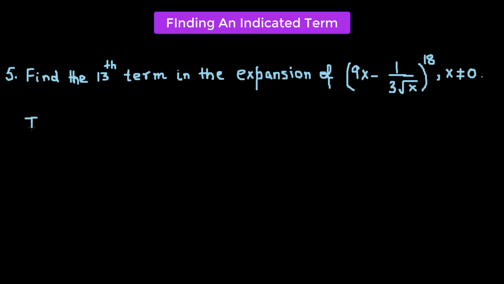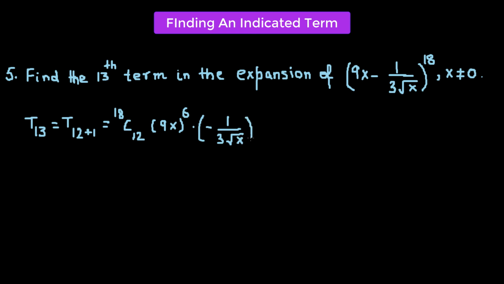So we have t13 equals t12 plus 1, which is equal to 18c12. The first term is 9x raised to the power of 18 minus 12, which is 6, times negative 1 over 3 times the square root of x, all raised to the power of 12.